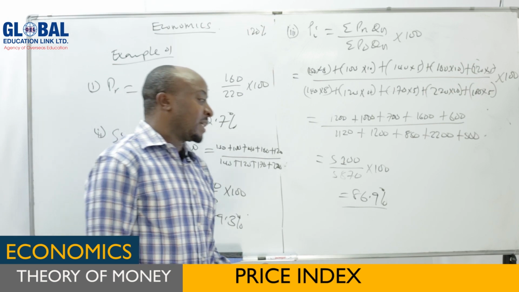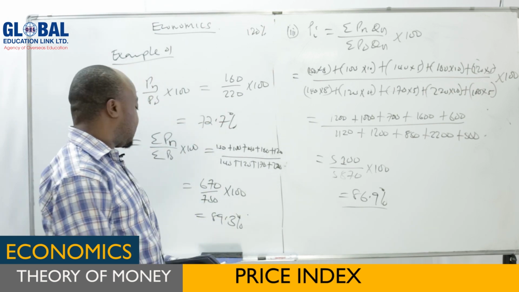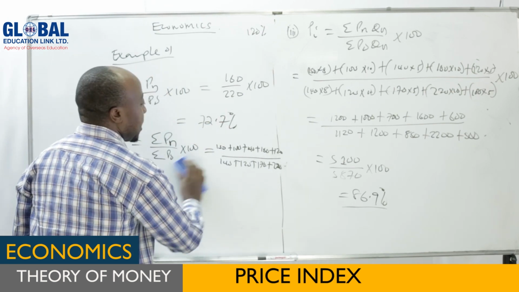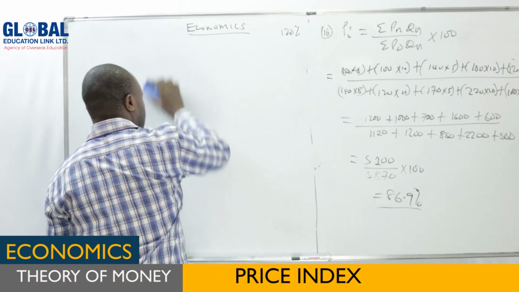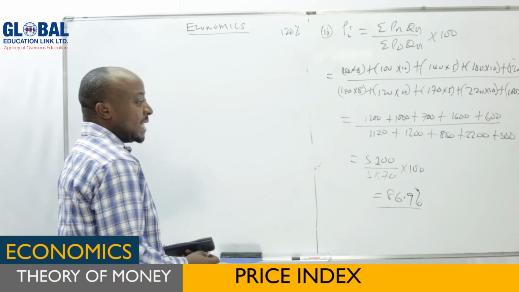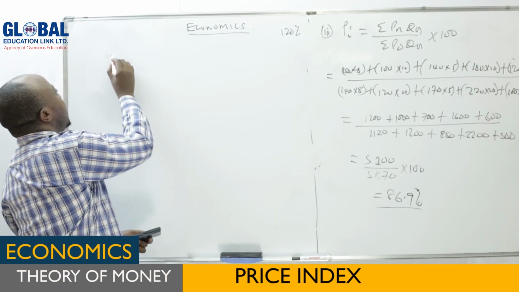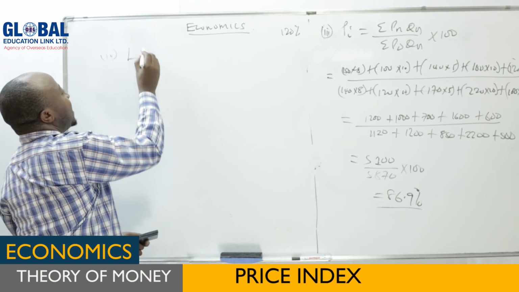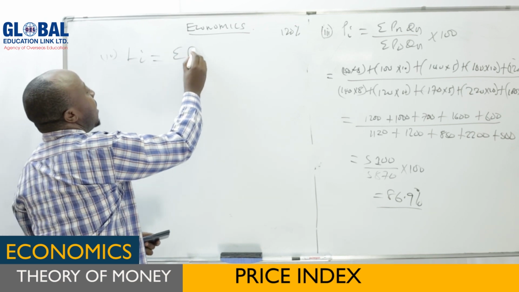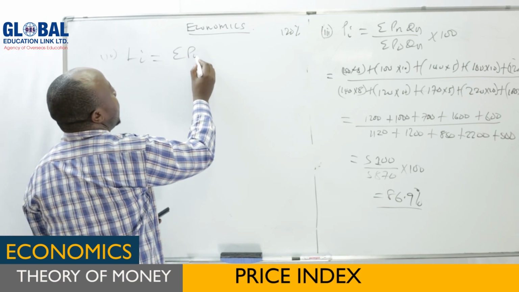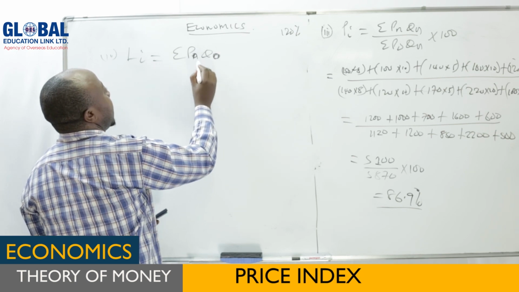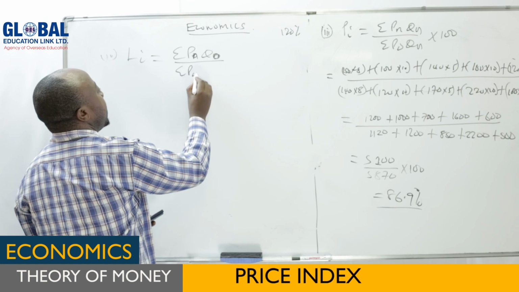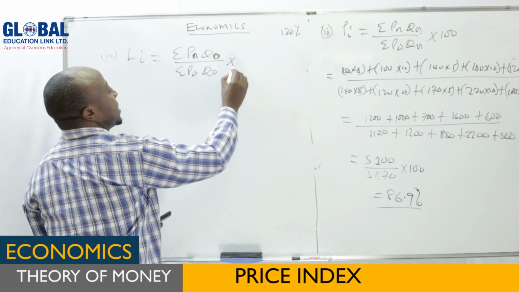And the last question there is asking for the Laspeyres price index. So again we have to calculate the Laspeyres index. We said Laspeyres index, part 4, equals the summation of PnQ0 over the summation of P0Q0 times 100.